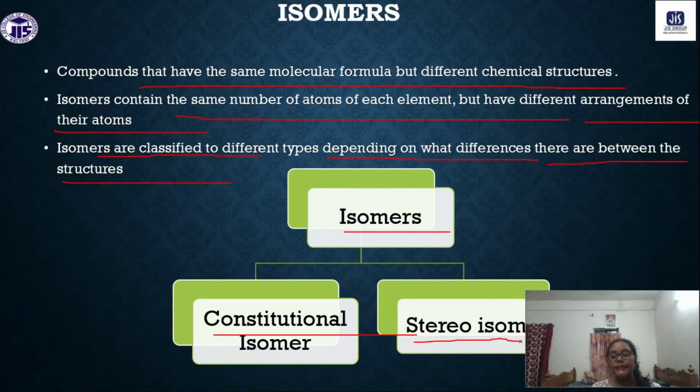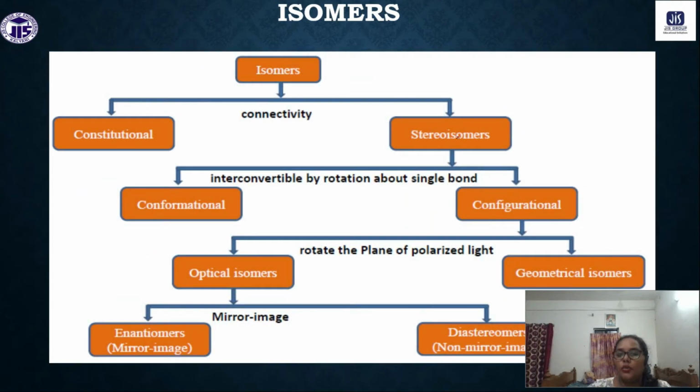Constitutional isomers means that between two structures, the arrangement of the functional groups is different, but the chemical formula is the same. And stereoisomers are those where the spatial arrangement of the atoms is different, but the chemical formula is the same. Now this is the total classification.